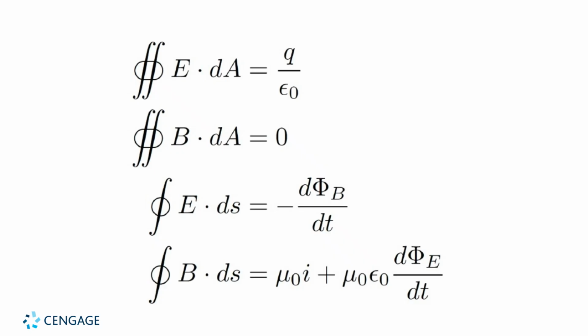It just popped out of this fourth equation, that mu naught epsilon naught that's multiplied by the derivative of the electric field. That astounded him, made him drop his chalk or his pen, because he discovered something new.